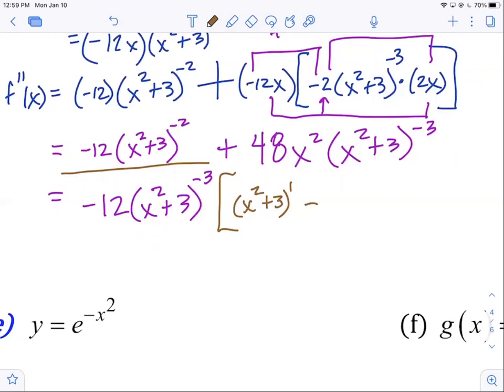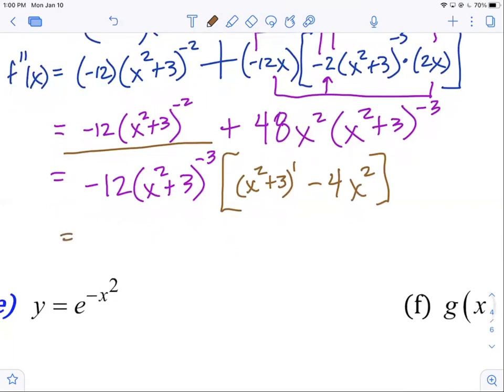And then I'm going to be left with the -4x squared. This is the quickest, most efficient way. I took a -12 out of a 48, giving me a -4 and an x squared, and then I took this whole piece, right?